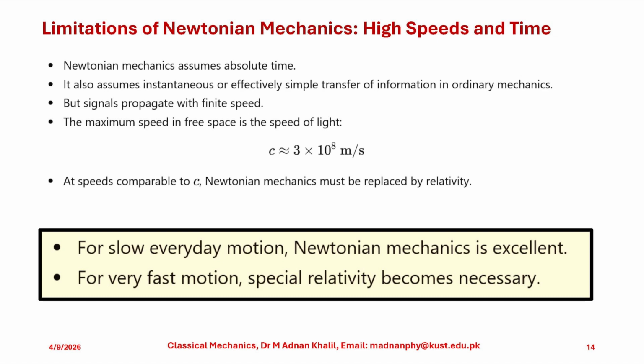Now, when speeds become comparable to c, Newtonian mechanics is no longer accurate, then special relativity is required. So, for slow everyday motion, classical mechanics is excellent, but for particles moving near the speed of light, concepts like time, length, momentum, and energy must be revised.